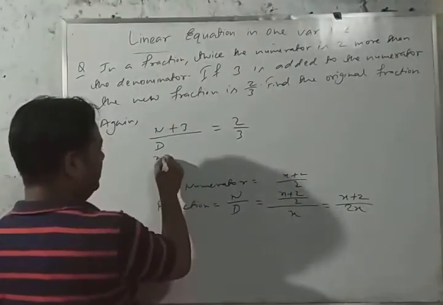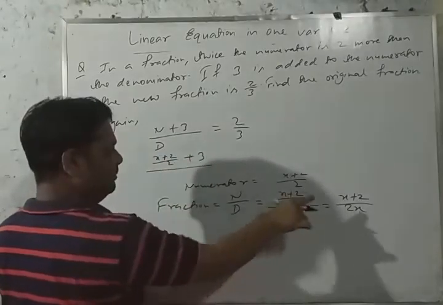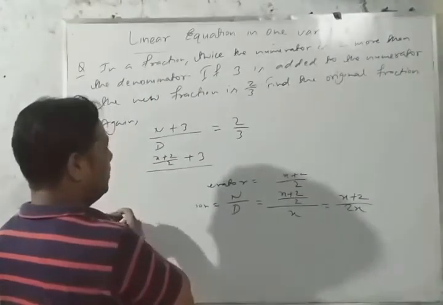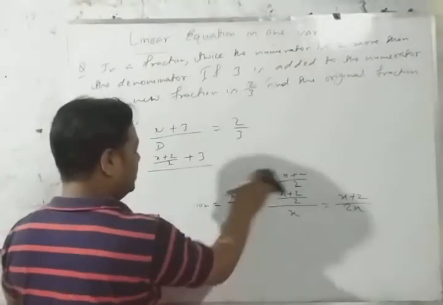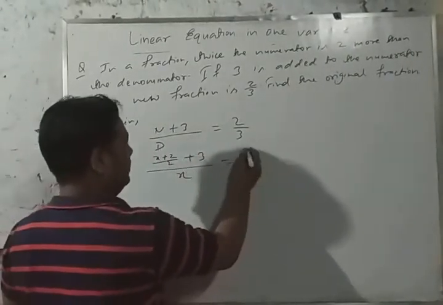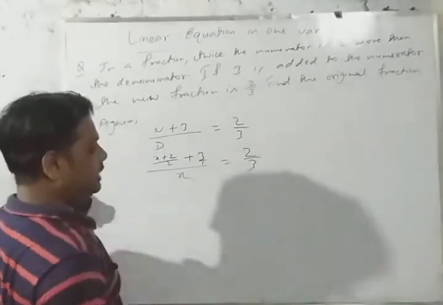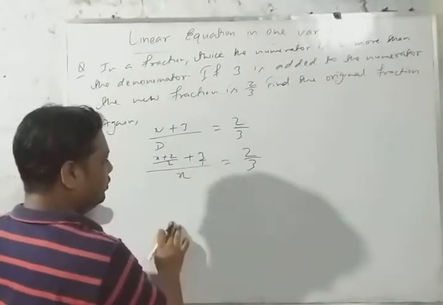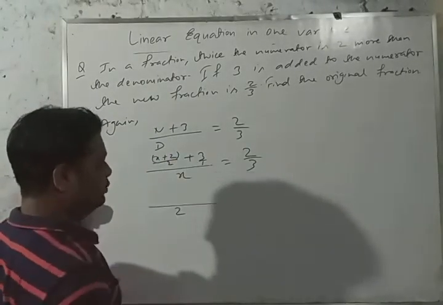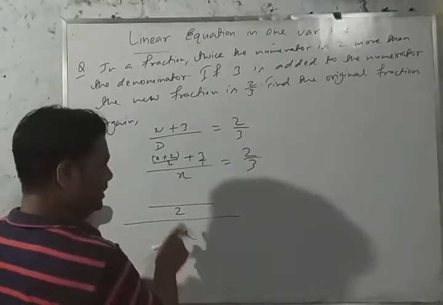Here I am putting x plus 2 by 2 plus 3, with the denominator x, equal to 2 by 3. Now, at first, 3 by 1 we will write. LCM of 2 and 1 is 2. Then, binomial, so we will use brackets, and downside x we will write.